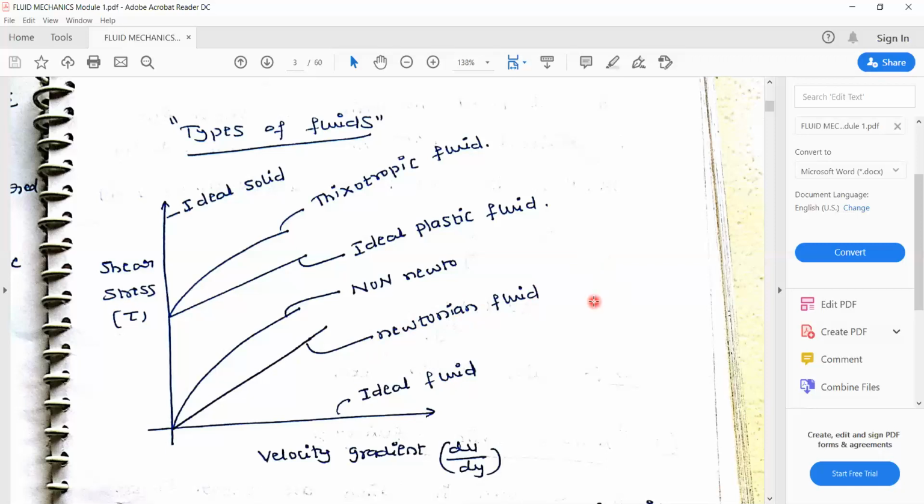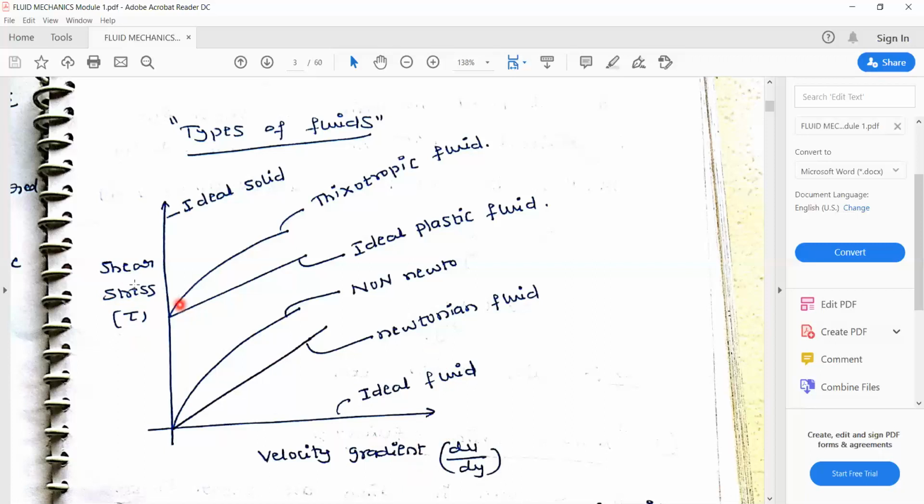In the case of a Newtonian fluid, you can observe here that the shear stress is directly proportional to the velocity gradient. Or, one more definition: whatever fluids obey Newton's law of viscosity are examples of Newtonian fluids.